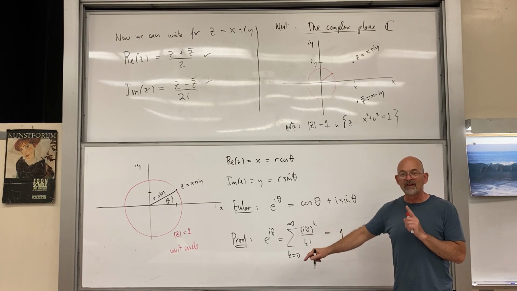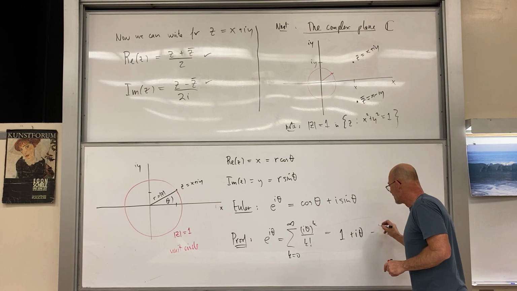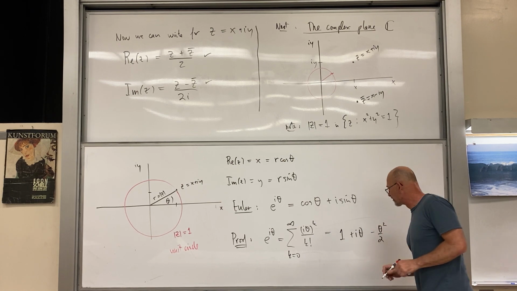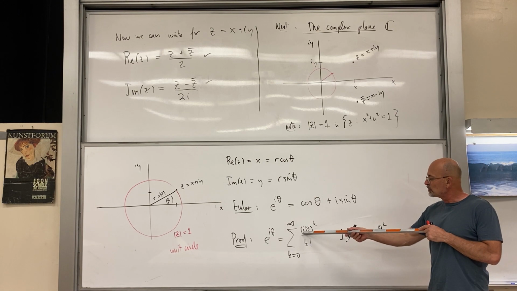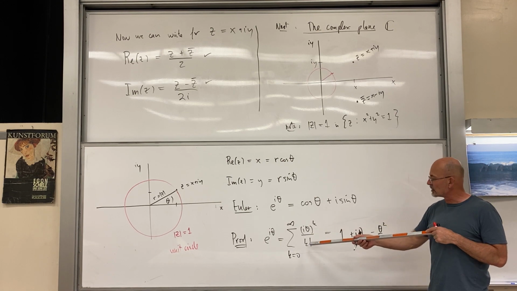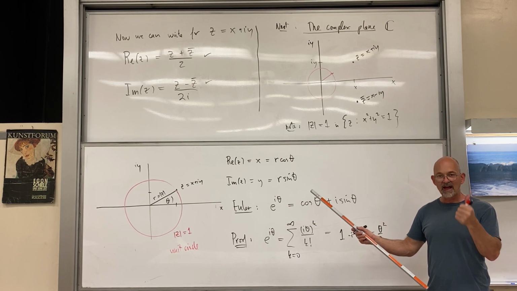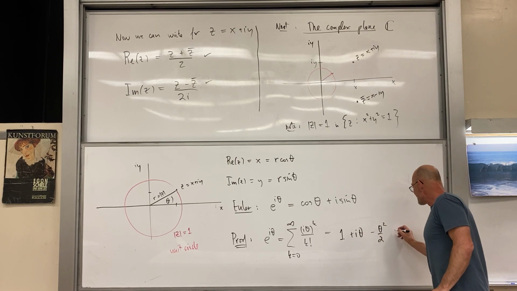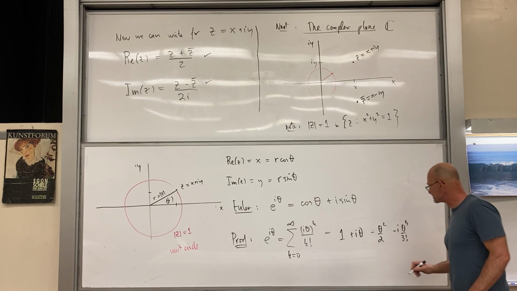But i squared is negative 1. So minus theta squared over 2. Now we'll go to the third one, i cubed theta cubed over 3 factorial. Well, i cubed is i times i squared, so it's i times that negative 1 we just had. So it's minus i theta cubed over 3 factorial.